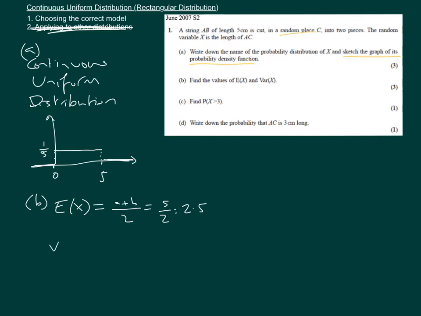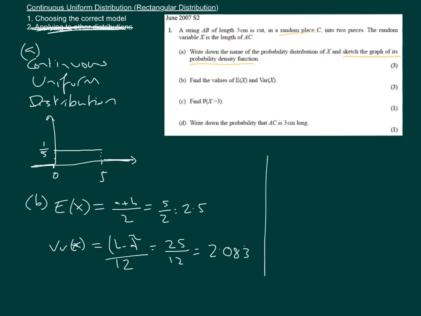For the variance of x, we know that the formula is b minus a squared over 12. So b minus a is 5 squared, that's 25 over 12. I could leave my answer like that, or I could write it as a decimal, which is going to be 2.083 recurring.